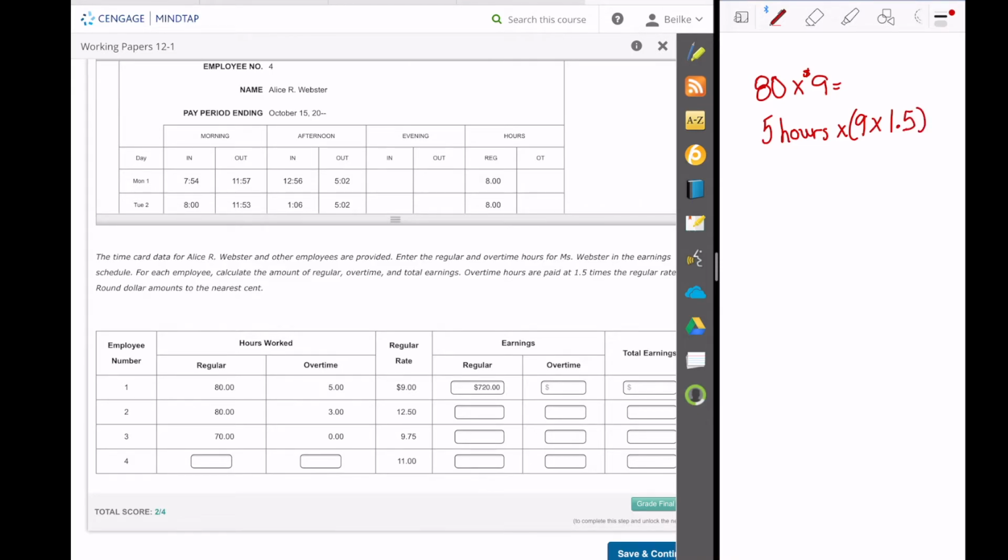Okay, so if you take 5 times 9 times 1.5, you will come up with $67.50. You add those two numbers together, $720 plus $67.50, and you will come up with $787.50.